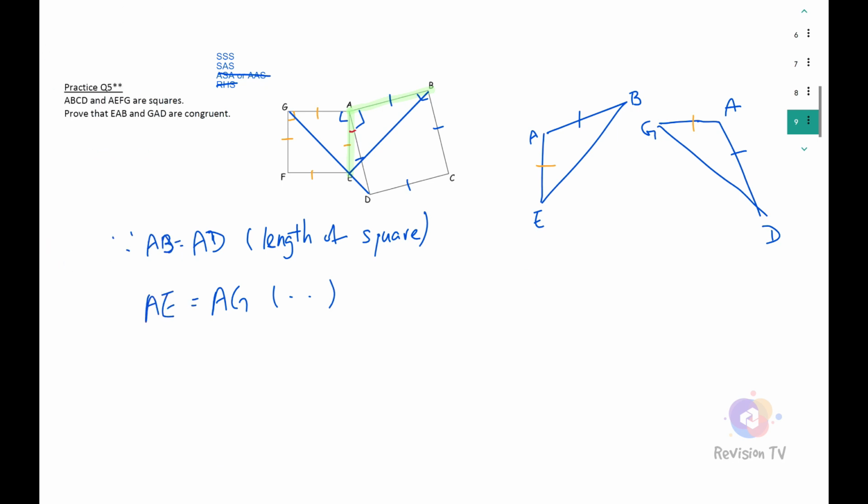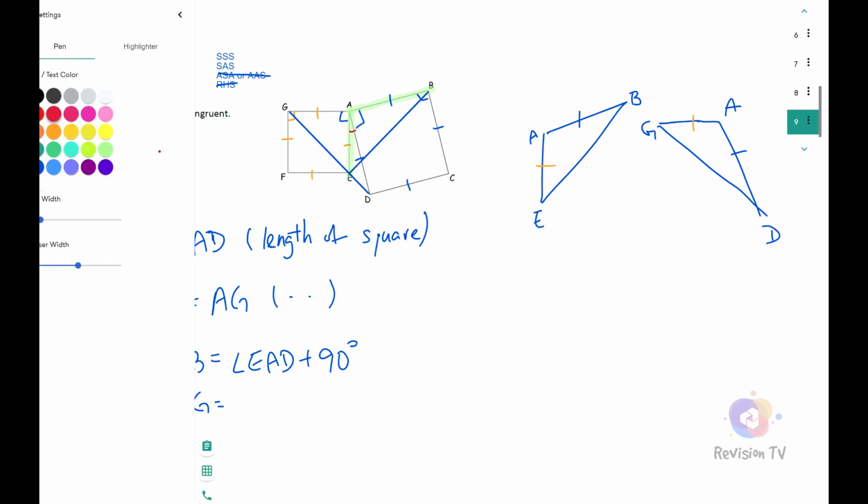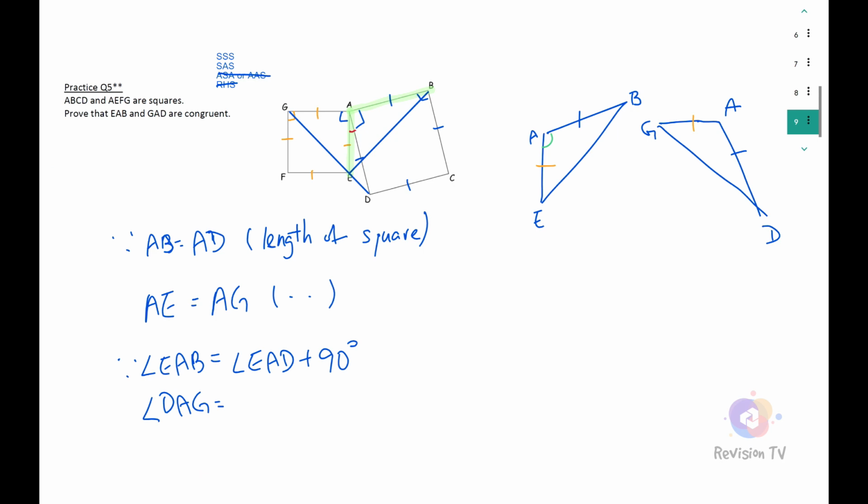So we'll say because angle EAB equals the small angle, angle EAD, plus 90 degrees, and angle DAG. So what we'll try and do is prove these two angles are the same.